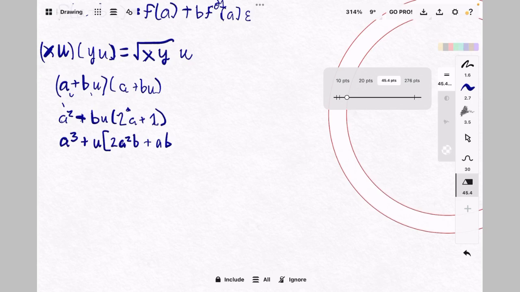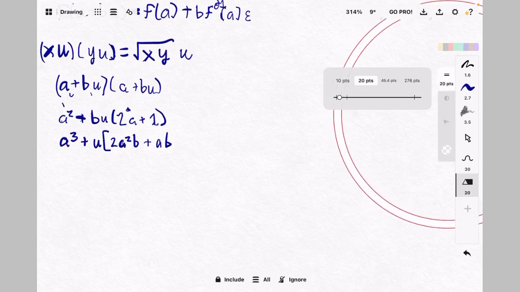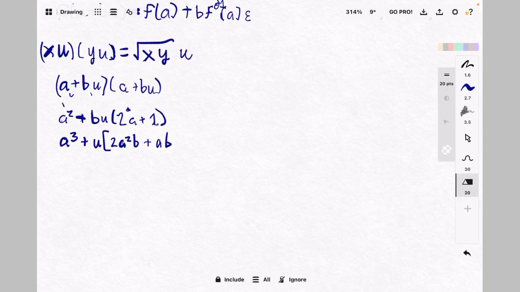Let me decrease the size of this to like 20. Yeah, that's good enough. So 3a squared b. There we go. Plus ab.